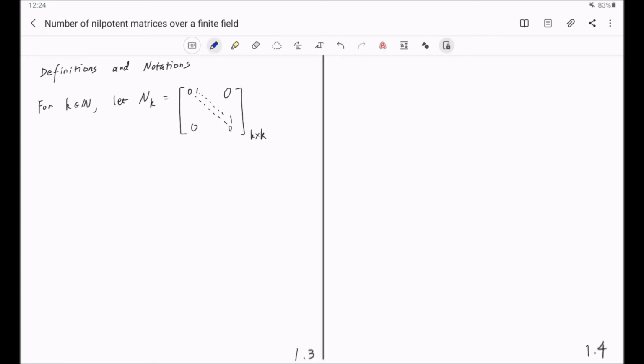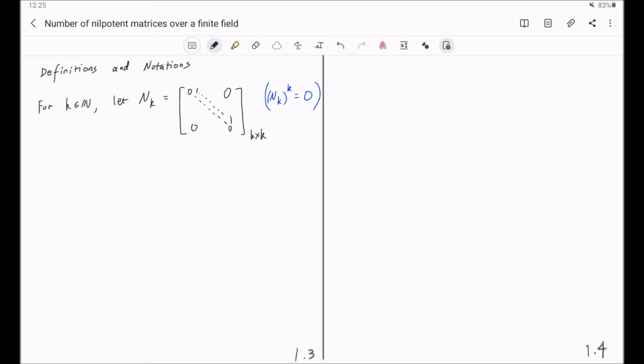And recall from linear algebra that if you raise this matrix to the power k, you get the 0 matrix. So as a result, this matrix is nilpotent.